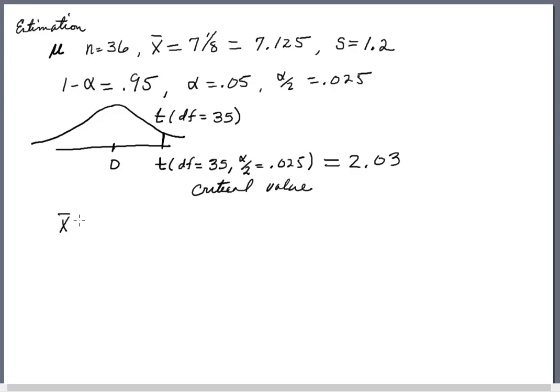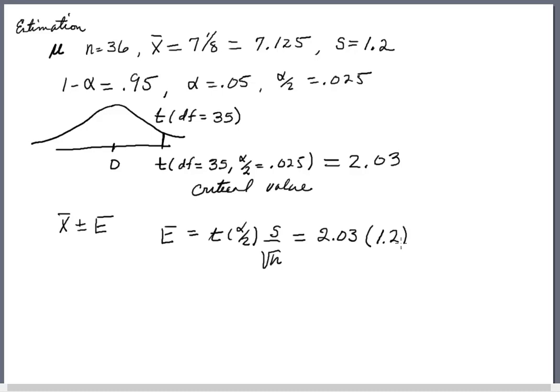Now we know our 95% confidence interval is going to be x bar plus and minus the maximum error of the estimate, plus and minus e, where e is equal to t alpha by 2. It's very common to leave off degrees of freedom as long as it's understood what the degrees of freedom are. T alpha by 2, s over the square root of n. And this would be, well, the t alpha by 2 we just looked up is 2.03. And s, we calculated that from our sample. Our sample was of size 36, and s was 1.2 when we calculated it.